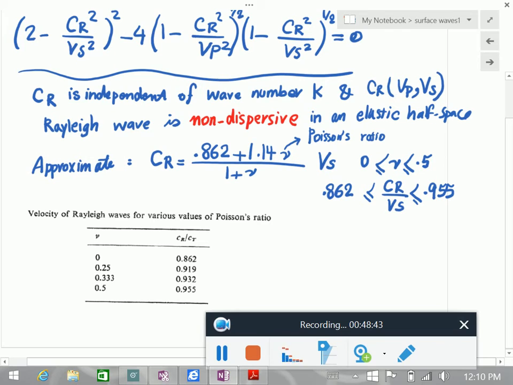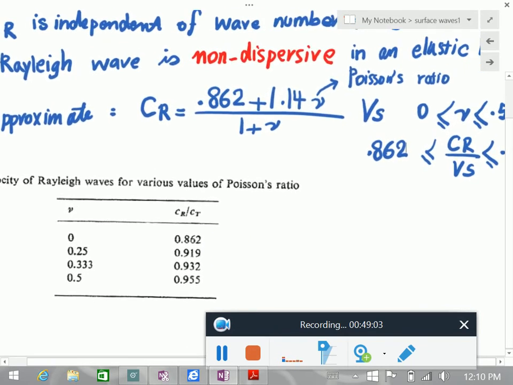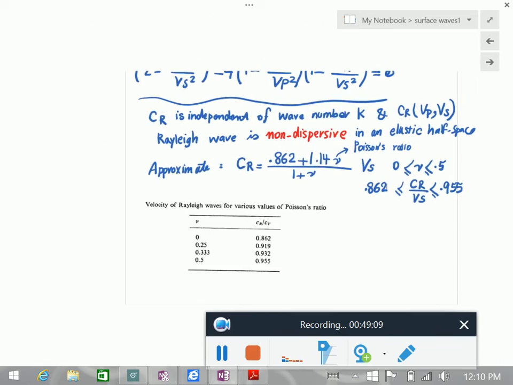The ratio of the Rayleigh wave velocity to shear wave velocity. So you can see that it's slightly slower than shear wave. And here also there is a table which you can see for different values of Poisson's ratio what these look like.